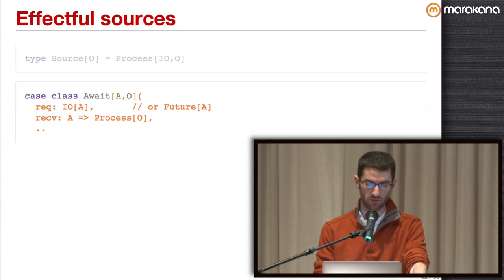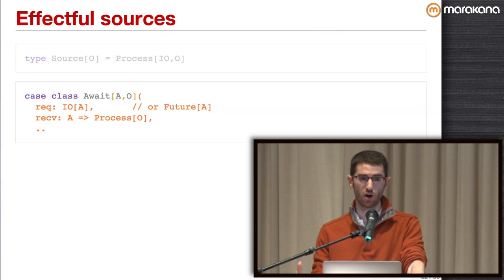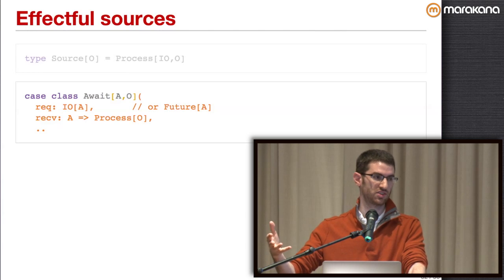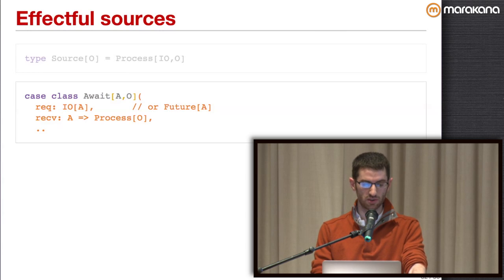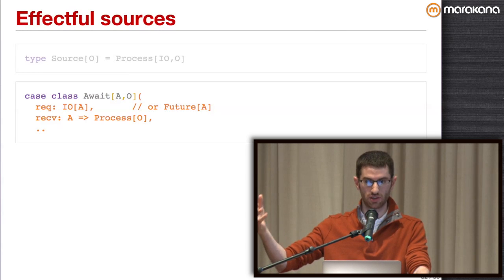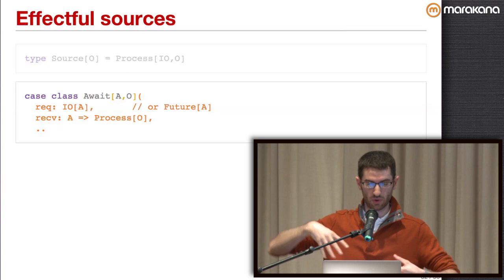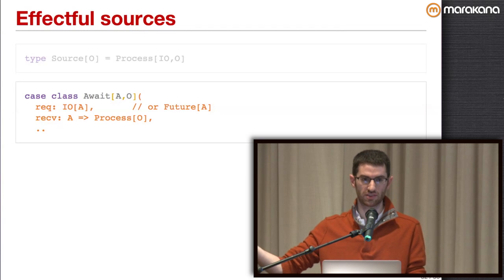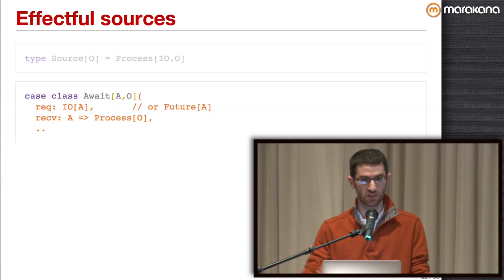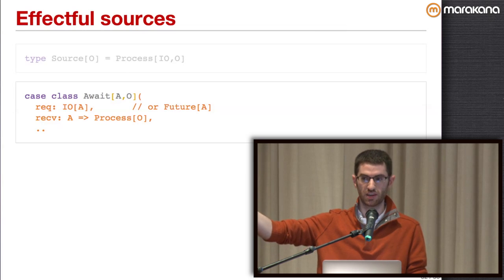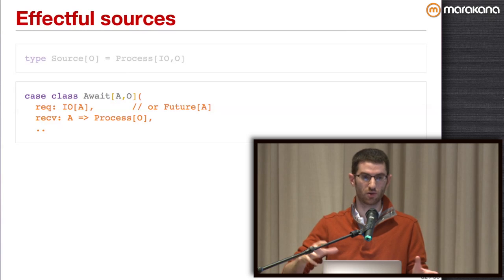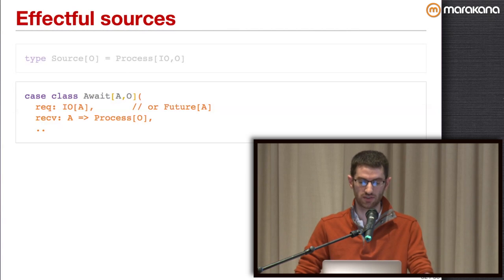And then we're going to have essentially a callback to transition to the next state once we've evaluated that future. So all we need to do is just evaluate this or run the computation, and then when we have the A, we go ahead and call the next state. And of course, this could be using actual non-blocking I/O primitives behind the scenes, using futures. And so we don't necessarily need to be occupying a thread and so forth.